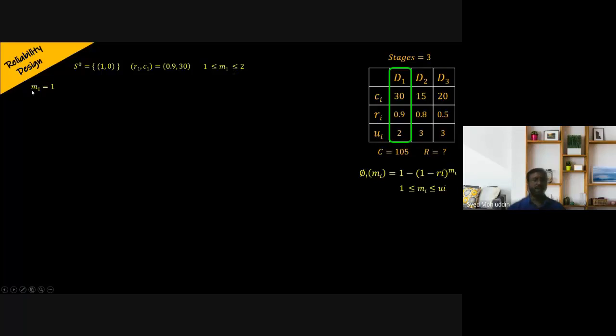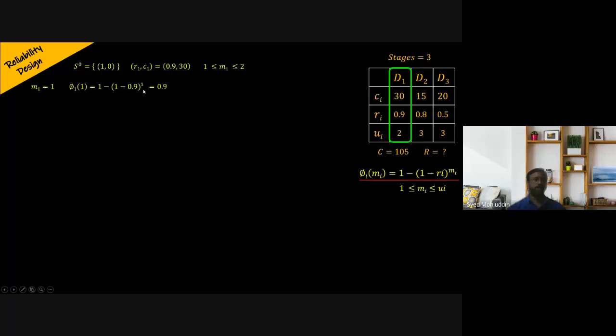So taking only one device, let's say M1 is 1, we will compute the phi value, that is the total reliability. So phi 1 of 1 is going to give us 1 minus (1 minus R1) to the power M1, where R1 is 0.9 from the table, and M1 is 1.